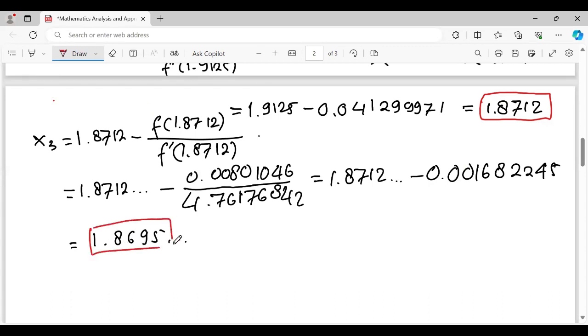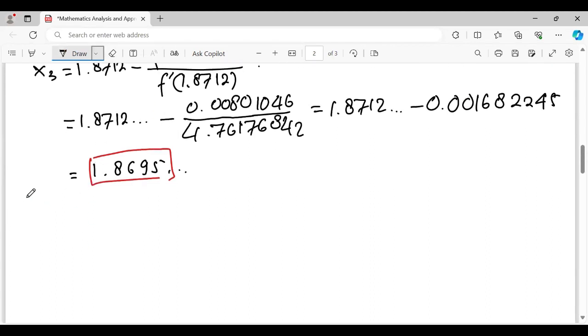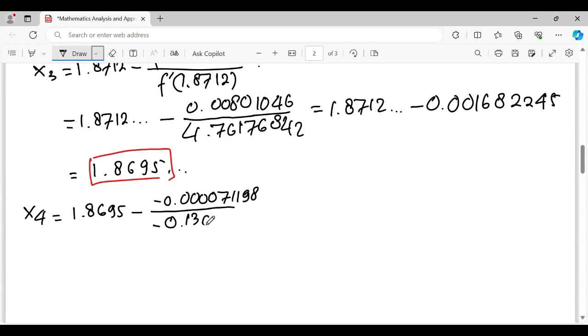The solution is 1.8695. x4 equals 1.8695 minus, with the same process, we got a number 0.000071198, and this one 0.1305.